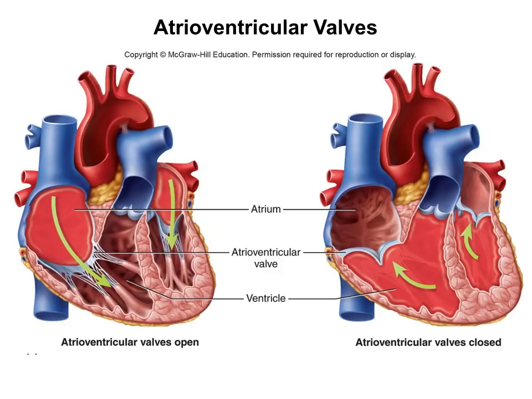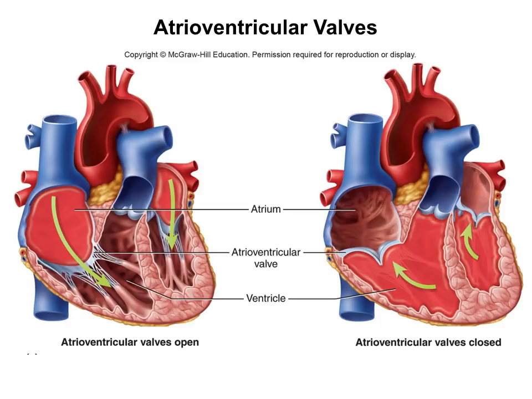At this point in time, the atrioventricular valves are open. The points of the cusps are extending down into the ventricle. The papillary muscles are nice and relaxed. Again, no muscular contraction anywhere in the ventricles. And the chordae tendineae are slack, meaning there's no tension on those cords.